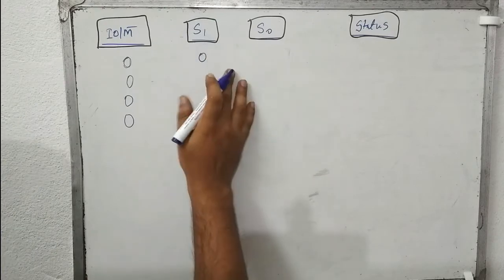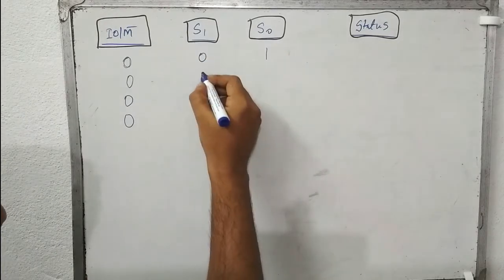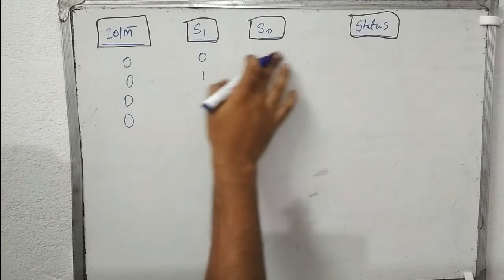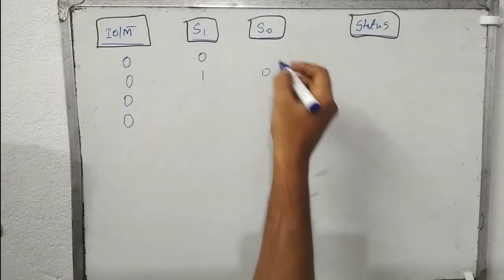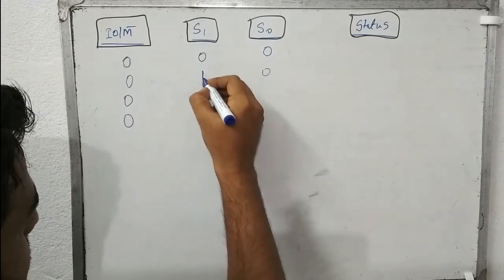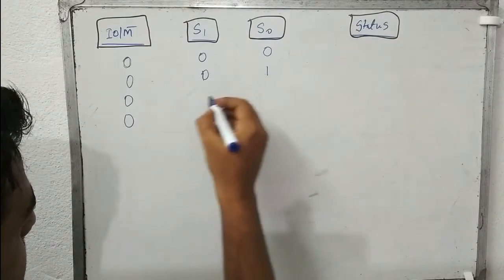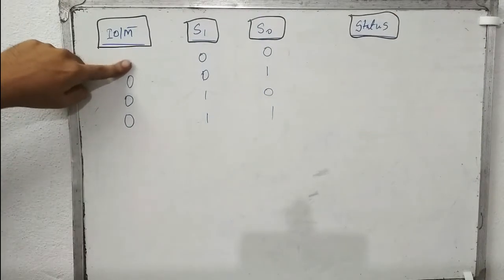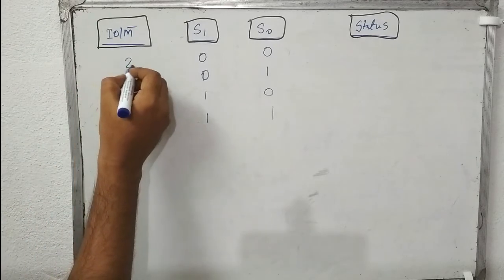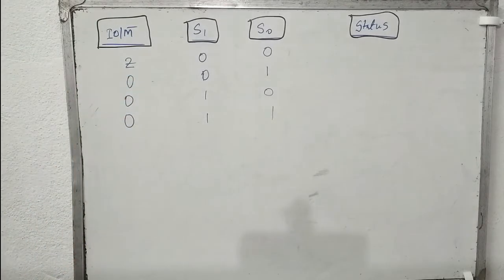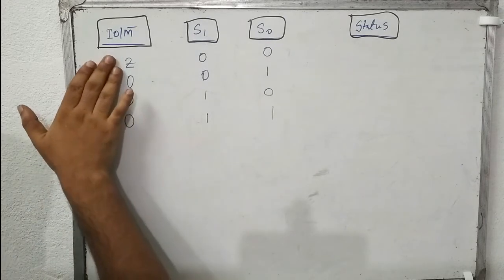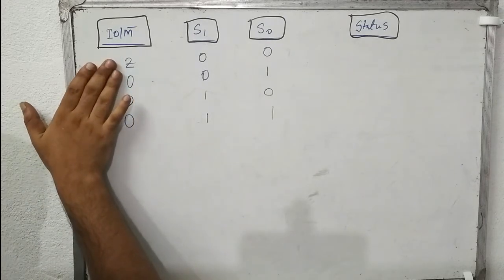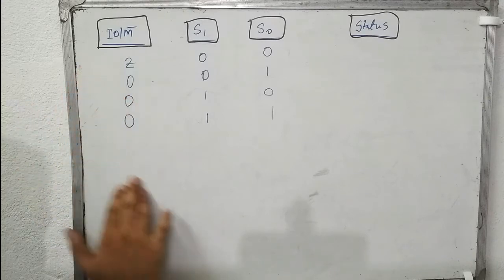So that will be 0 1 1 0, 0 1 0 0, 0 1 1 0 and 1 1, and the first would not be 0, it would be Z, that you can see here. So let's see what operation this particular code of the status signal is defining.